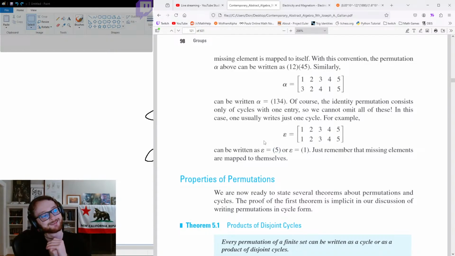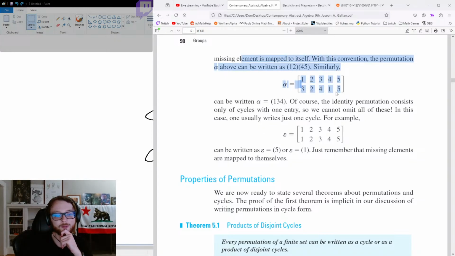Okay. Now, back to that infinite permutation set thing, by this logic, or by the convention they set up here, you could consider all of these as infinite, just everything after 5 in this example is fixed. Maybe that's the point they're making.